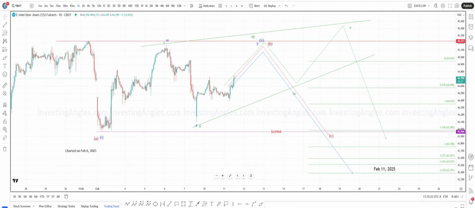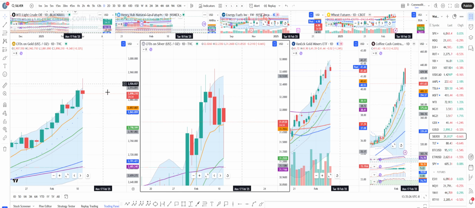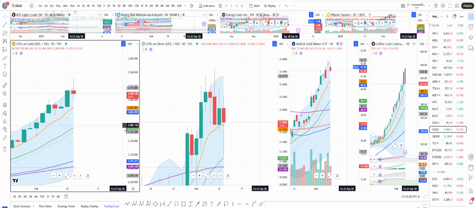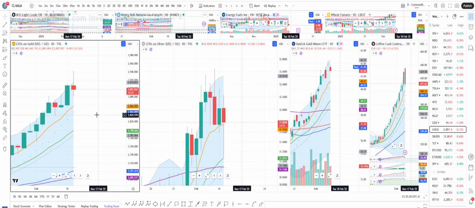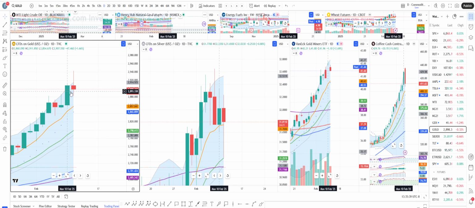And now let's move on and see what is happening with precious metals. So we discussed gold earlier with the perspective and recorded a video about it. So far, this candle is indecisive, but it could be a reversal one.